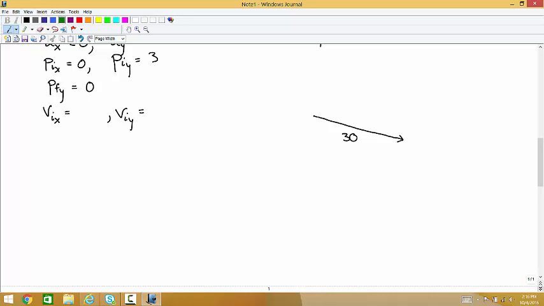And if we put the tail of the vector at the origin of the coordinate system, that's the positive x-axis, that's the positive y-axis. We know that this angle is 10 degrees.